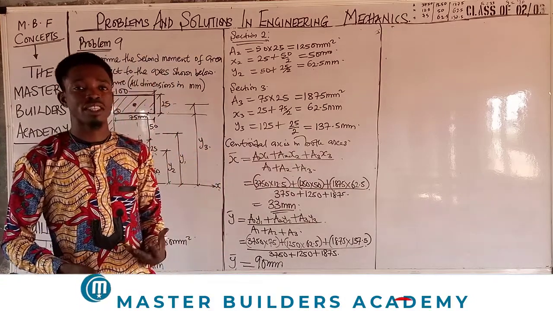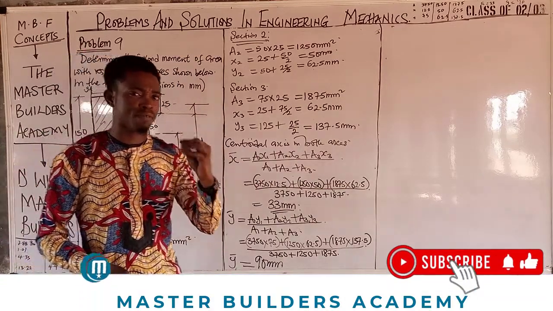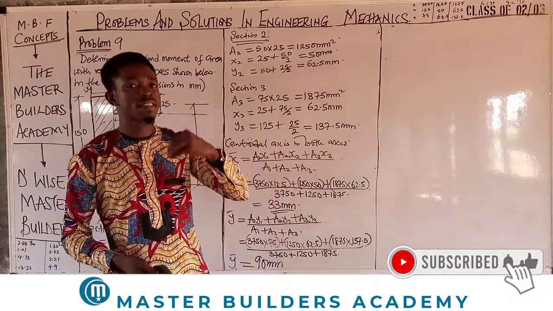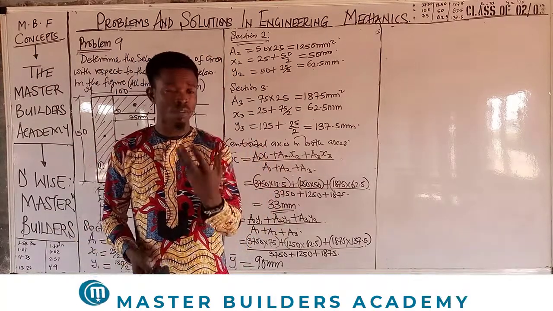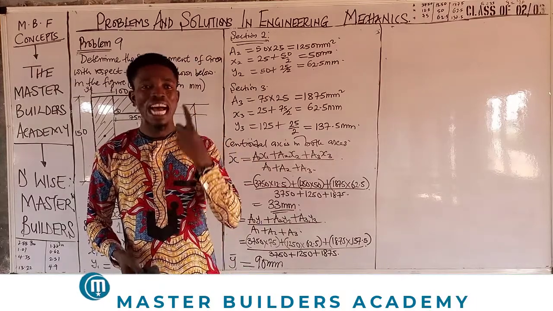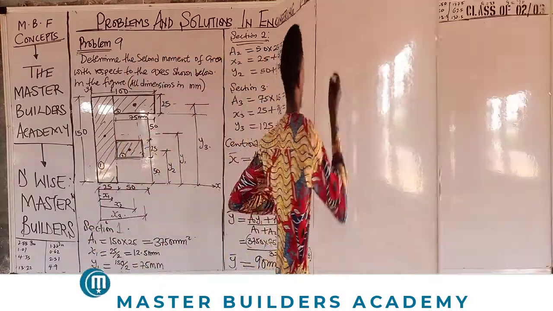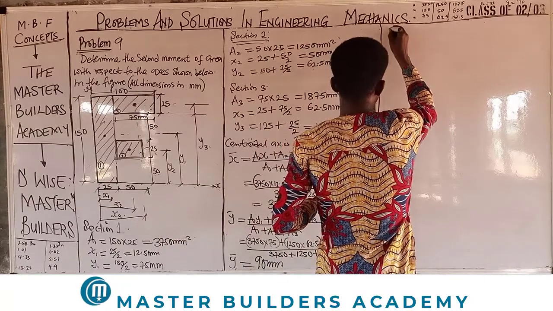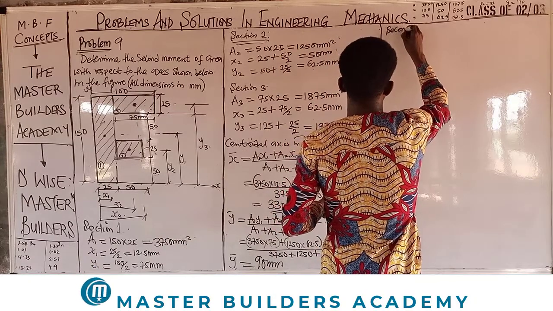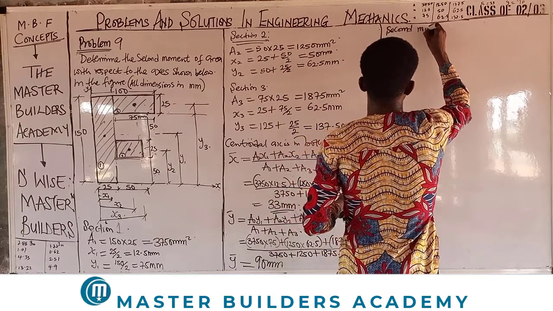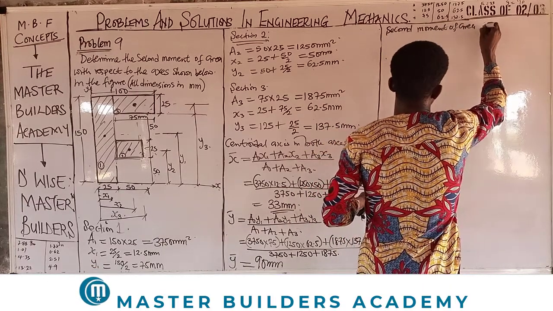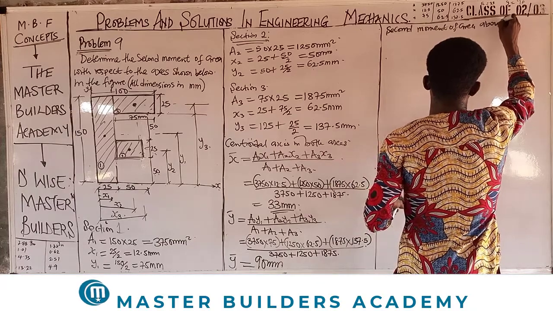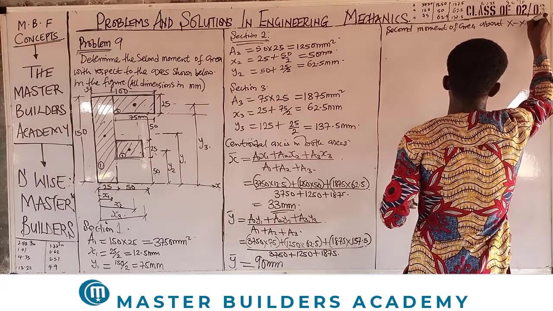So how do we go about finding the second moment of area? We said earlier that the second moment of area is the same thing as moment of inertia. So moment of inertia, which is represented by an I. So we have that second moment of area about SS axis.